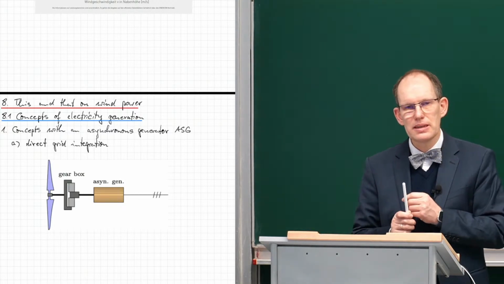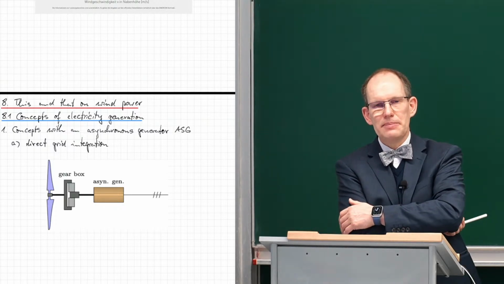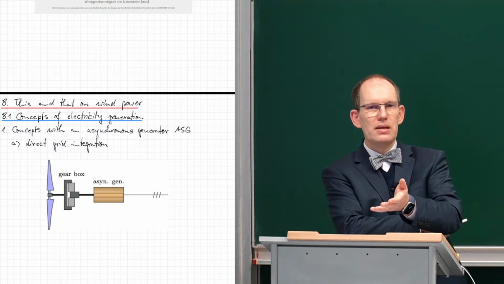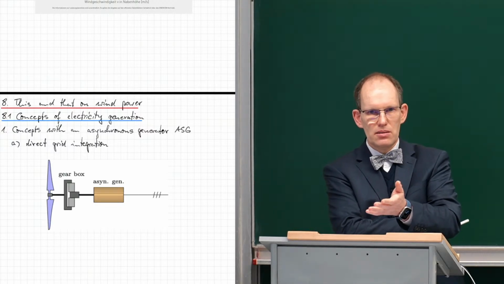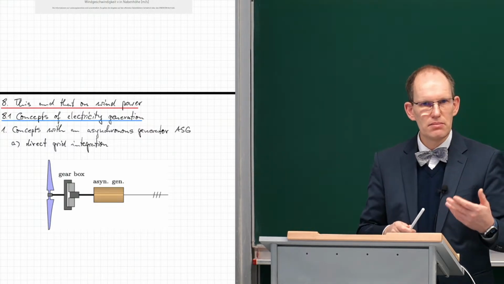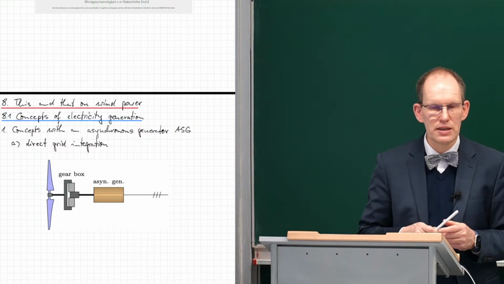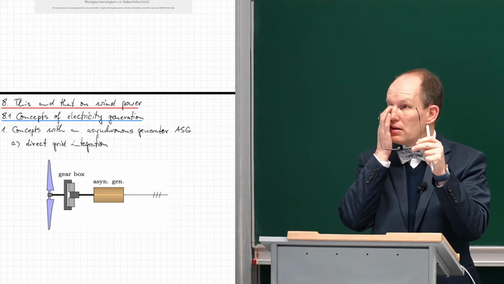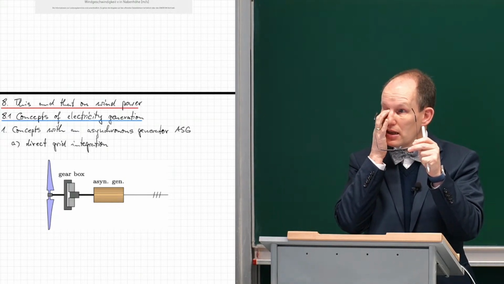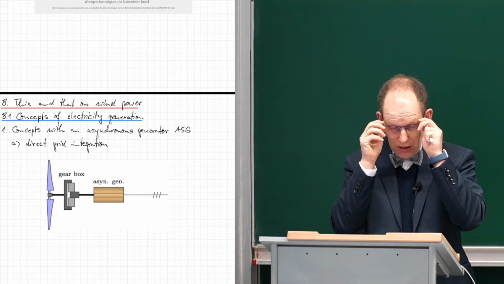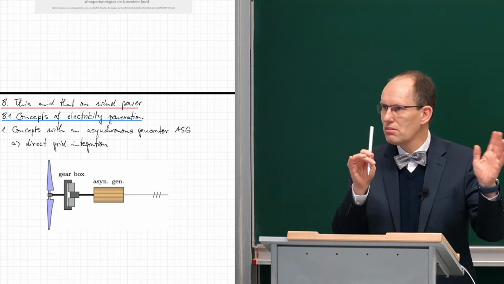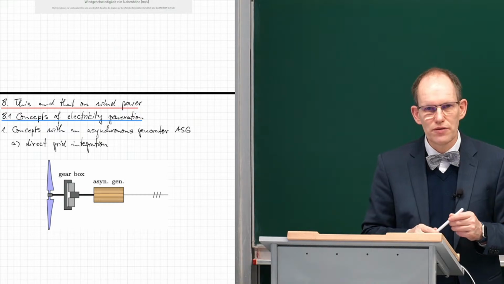But the problem with that is that the grid has a fixed frequency, and it is very important to keep this frequency in step lock. You may have heard that a few weeks ago, I think, there was a close to disaster because one line in Europe suddenly switched off, right?